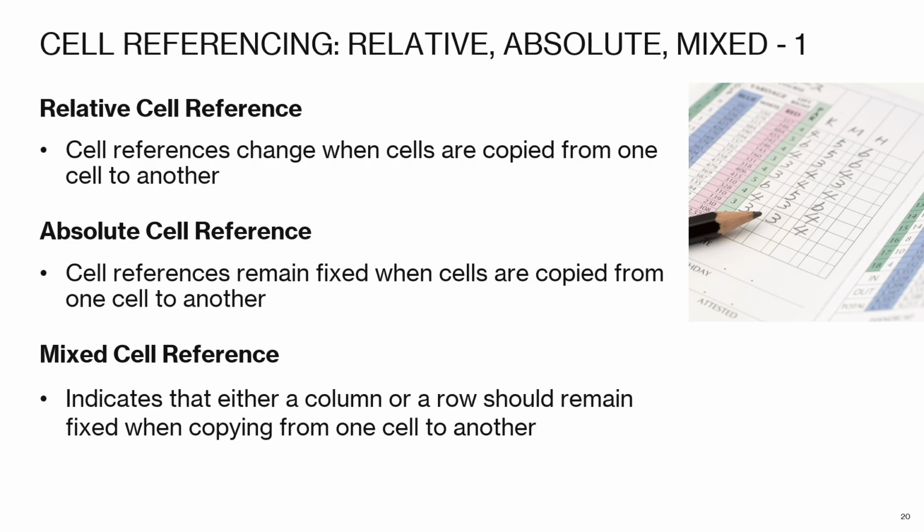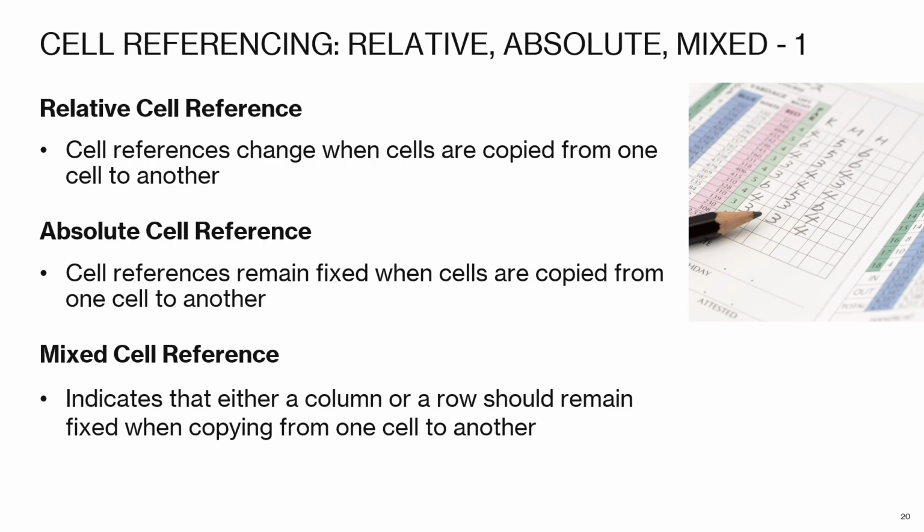We'll show you exactly how this works. Relative cell referencing is actually the default. So if you refer to cell A1 and you copy it to another row, let's say, it may automatically change A1 to A2 because now you've moved down one cell from where you began the formula. So it actually will update the cell reference to match the new location where you moved it to.